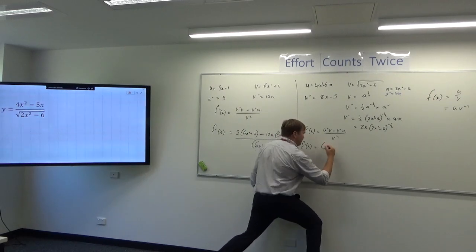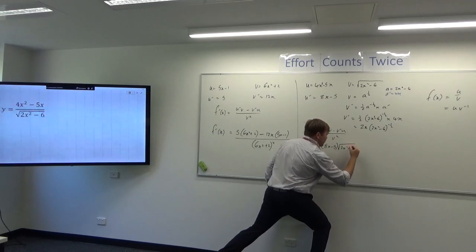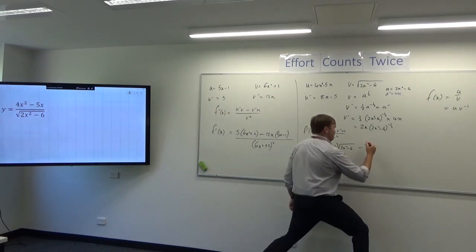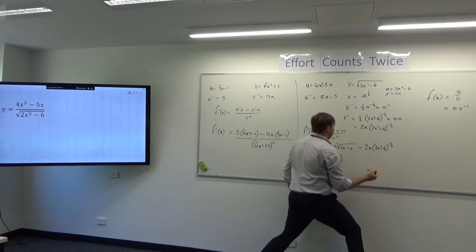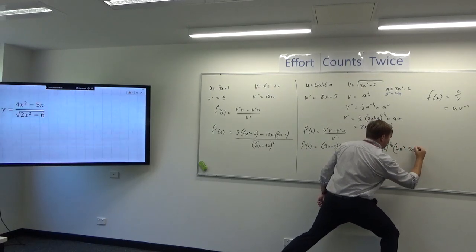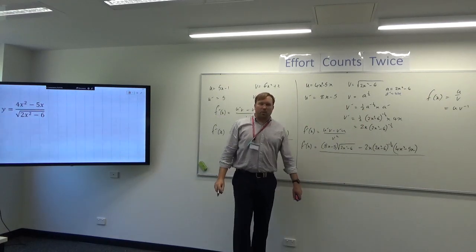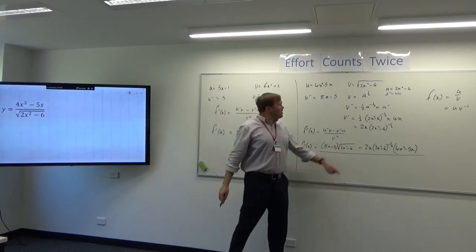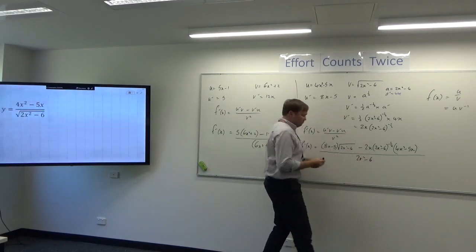Alright, u dash v is 8x take 5, root 2x squared take 6. u dash v, take v dash u, over v squared. What's neat that happens with v squared here? Just 2x squared take 6. Beautiful. v squared actually helps us out. It gets rid of the root. Nice.